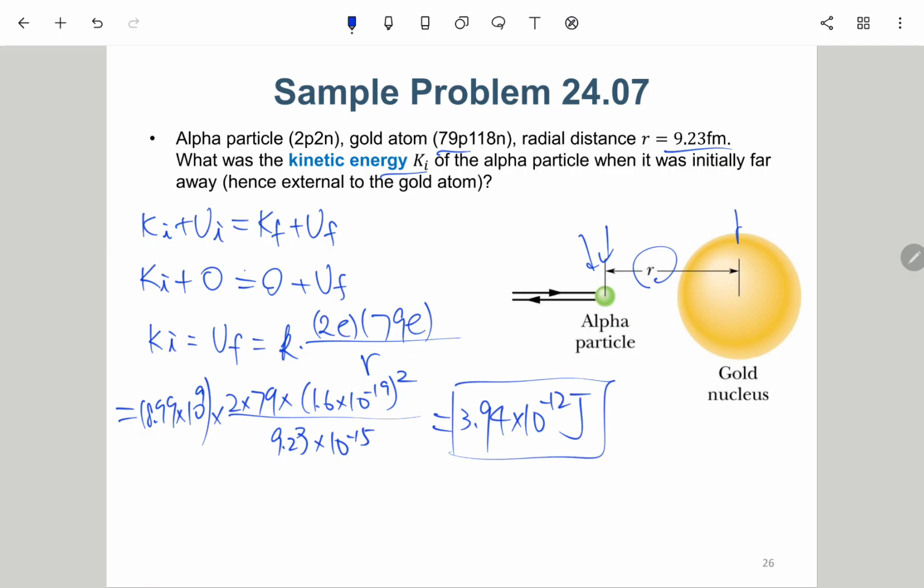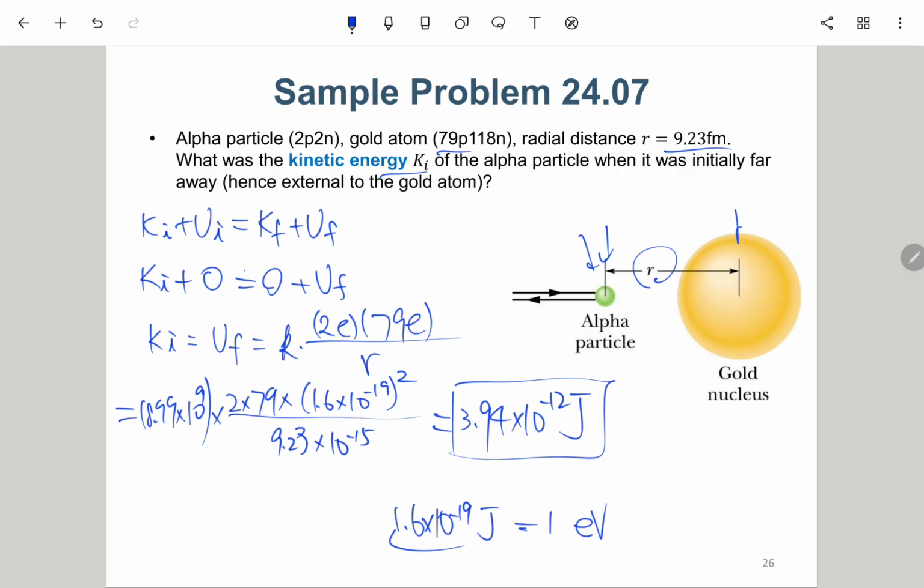Joule is the SI unit, but for particle physics, they usually use another unit called the eV. Okay, so the relationship between eV and joule is 1 eV is actually 1.6 times 10 to minus 19 joule.